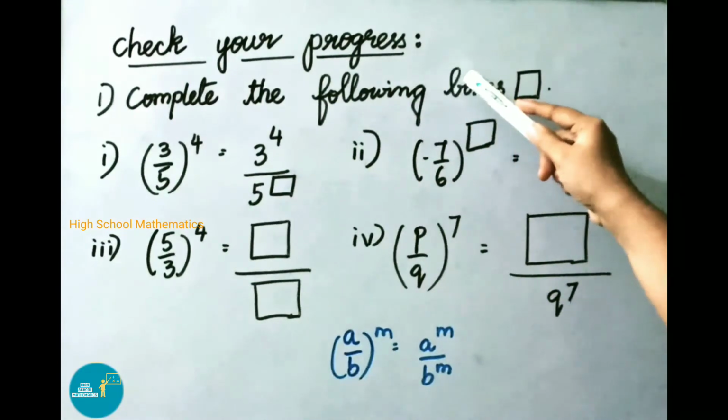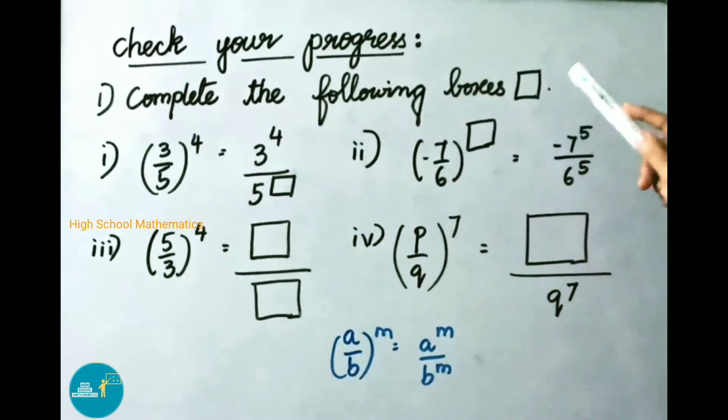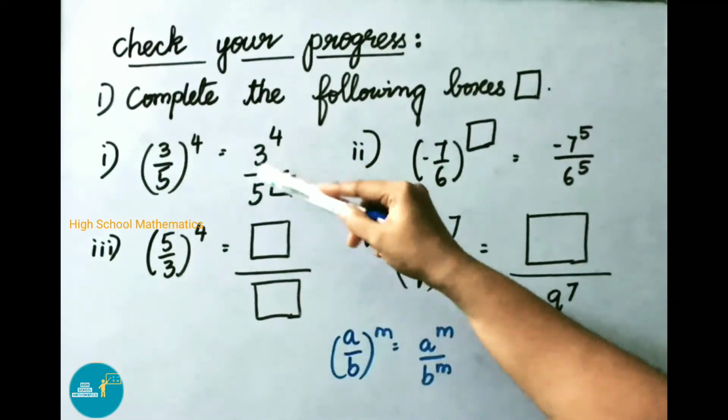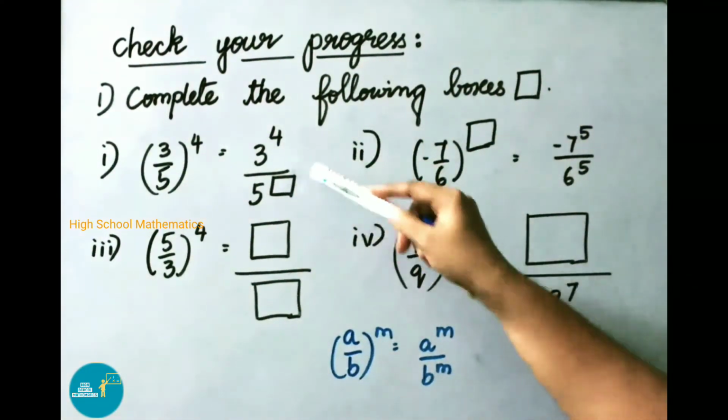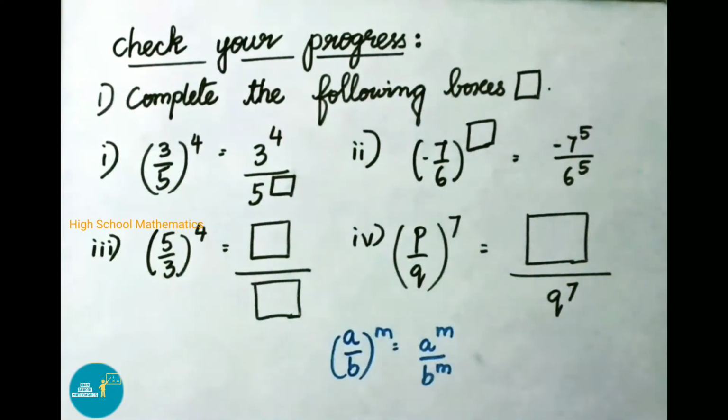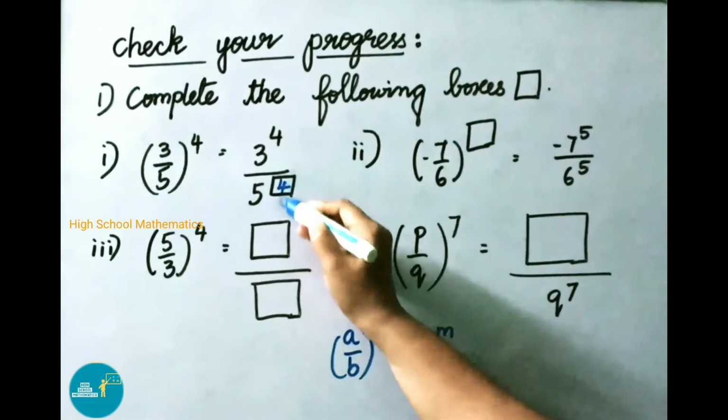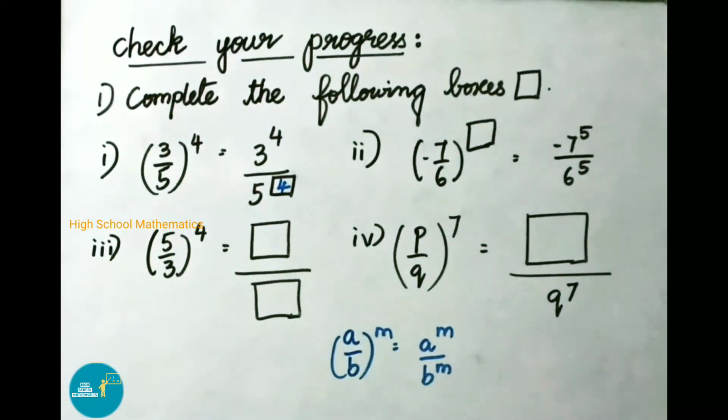See now, check your progress. Complete the following boxes. See the first one, 3 by 5 whole power 4. That equals to 3 power 4 by 5 power 4. We have written this by using the formula a by b whole power m equals to a power m by b power m.